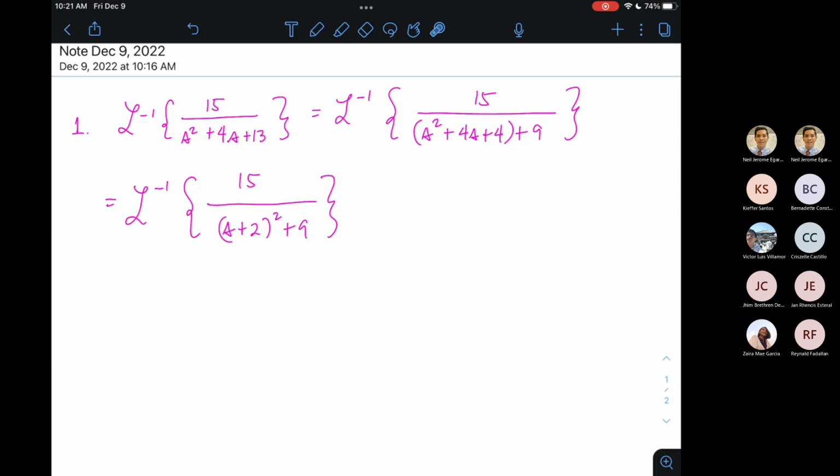In this particular case, I want to shift s plus 2 by 2 units to the left. Okay? So remember, gusto ko mag-shift 2 units to the left. So ibig sabihin, kailangan ko mag-multiply ng e to the negative 2t dun sa Laplace transform.